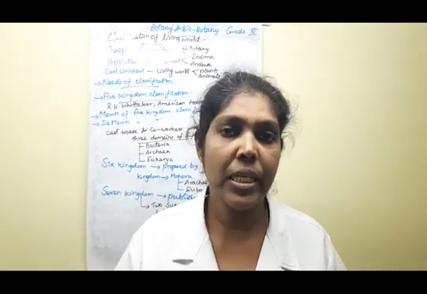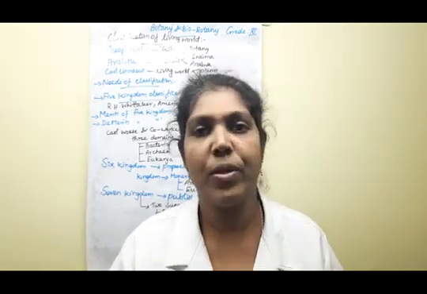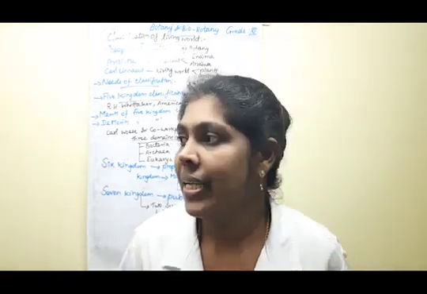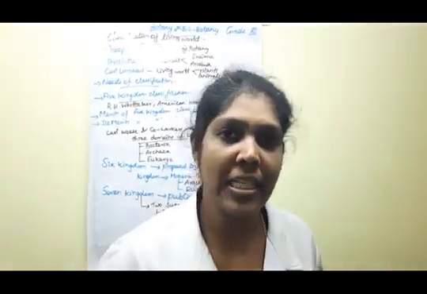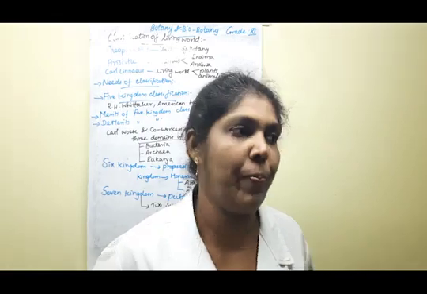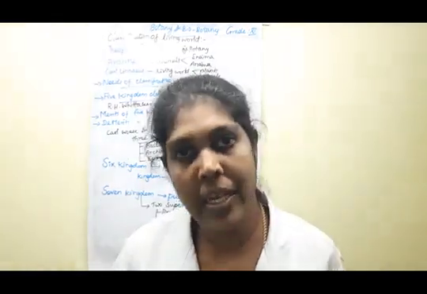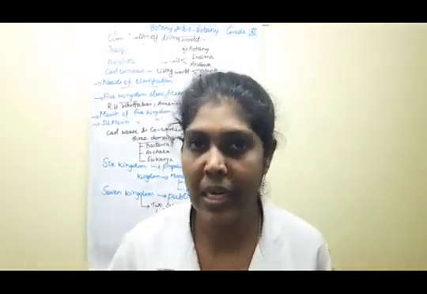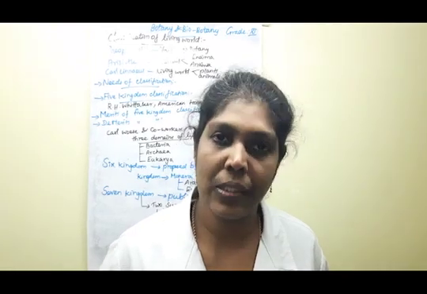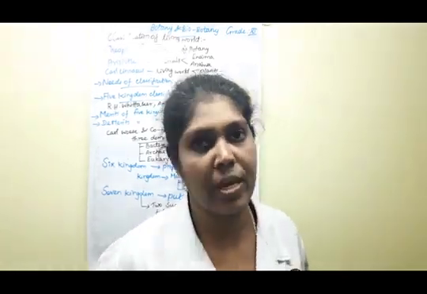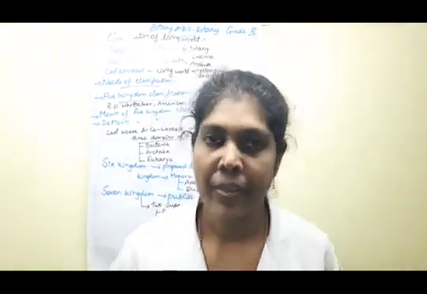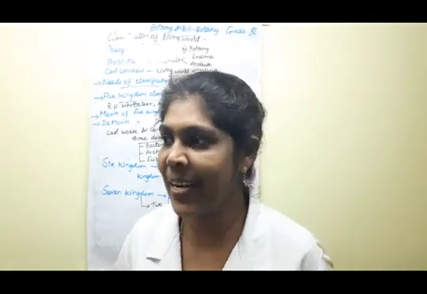Clear, children? This is another demerit. Understood? This is one of the 2 mark questions. You should prepare each heading: what are the merits of the five kingdom system of classification, and what are the demerits of the five kingdom system of classification. Understood, children? Say yes or no?